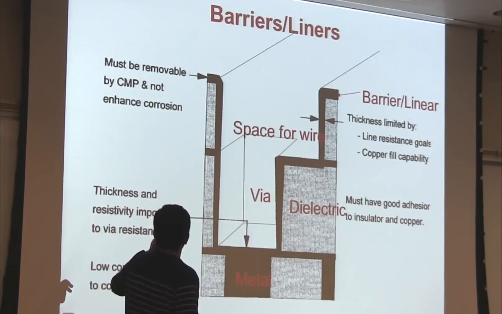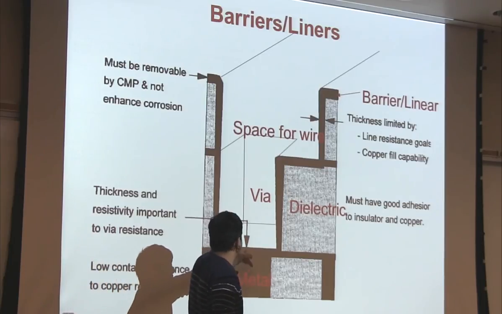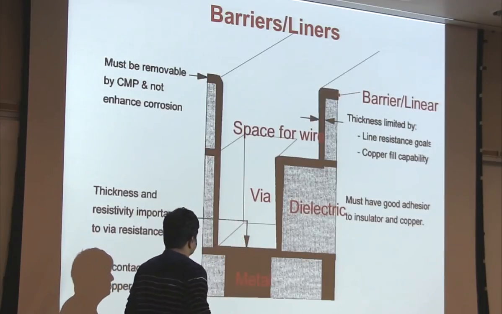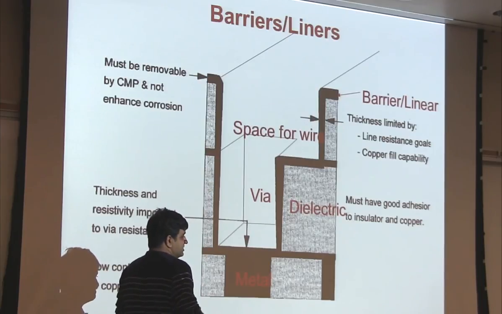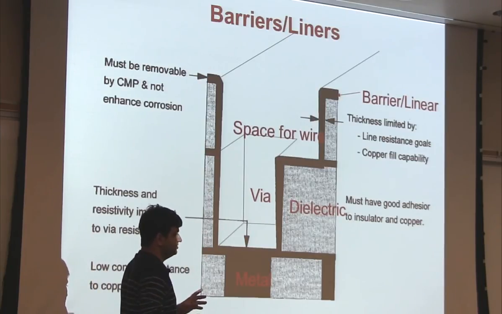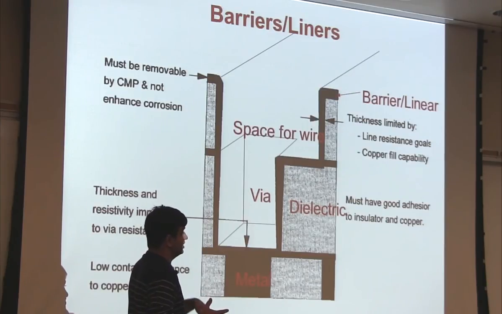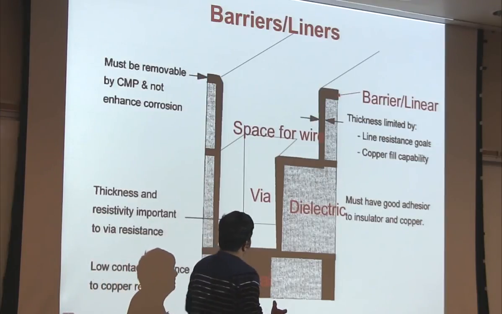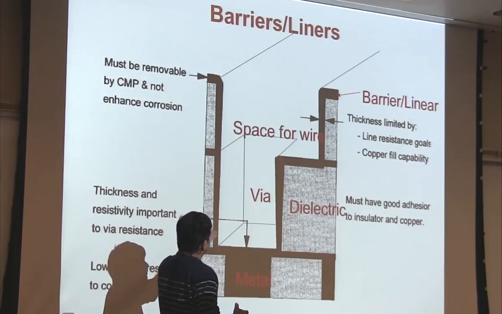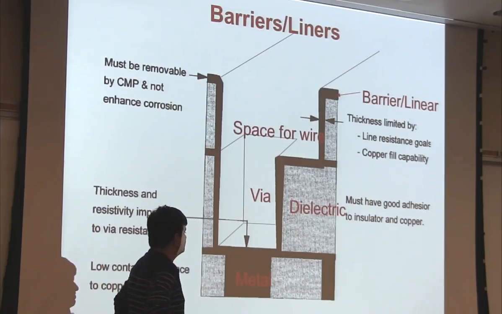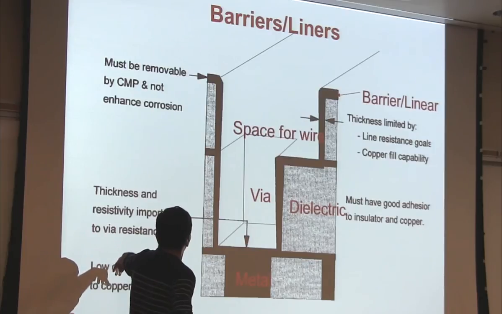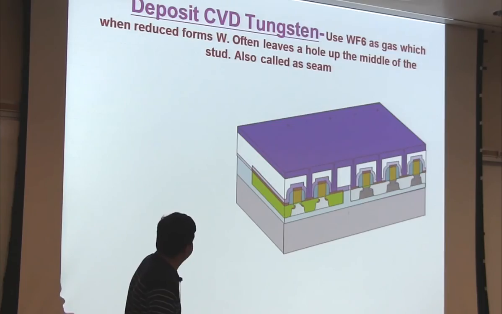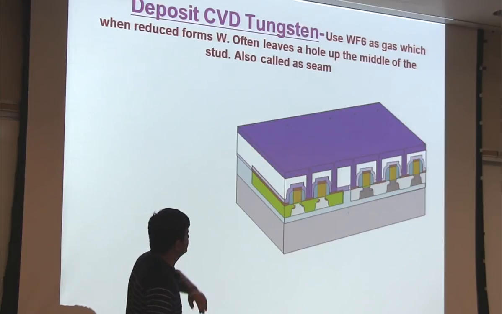And then its resistivity should preferably be low as well, but that's a contradiction, because typically materials which have low resistivity are not good barriers: low resistivity means you have larger grains, and larger grains means it's easier to penetrate through the grain boundaries. So the materials which are typically used for liners are amorphous materials like titanium nitride or tantalum nitride, and they don't have very good resistivity. So once you have done this liner, you do a CVD of tungsten.